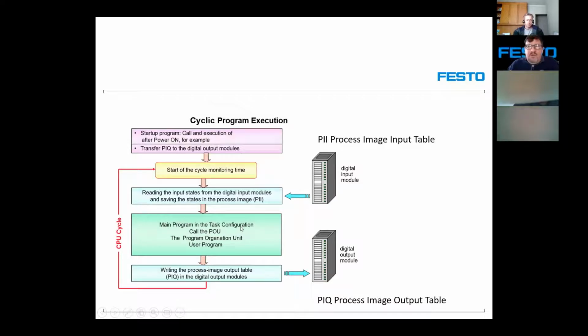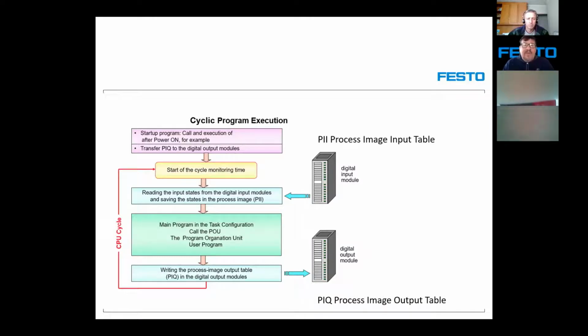What is the POU? A POU is called Program Organization Unit. It means the Program Organization Unit holds your logic. Your ladder program or your structured program you will do within your POU, and your logic will be written in there.